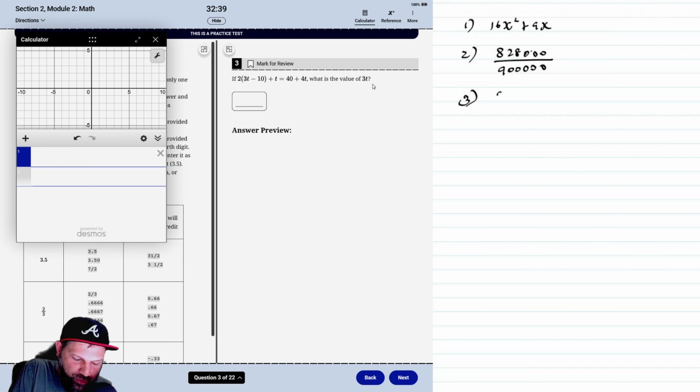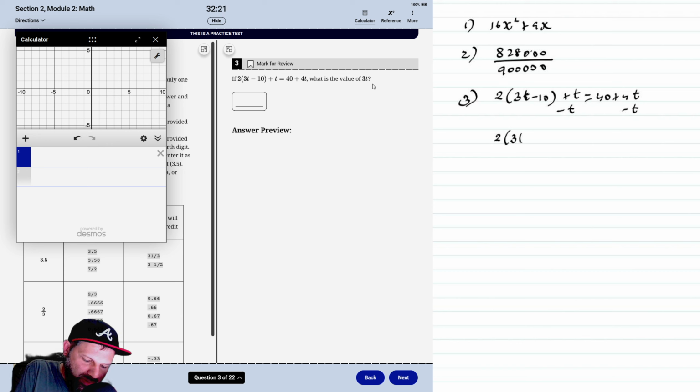Okay, so you have 2 times (3t minus 10) plus t equals 40 plus 4t. I'm going to subtract t on both sides, and then I'll get 2 times (3t minus 10) equals 40 plus 3t.